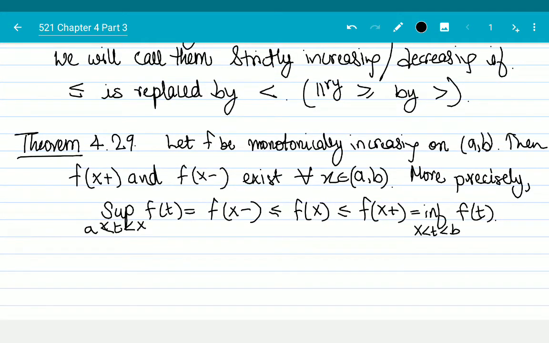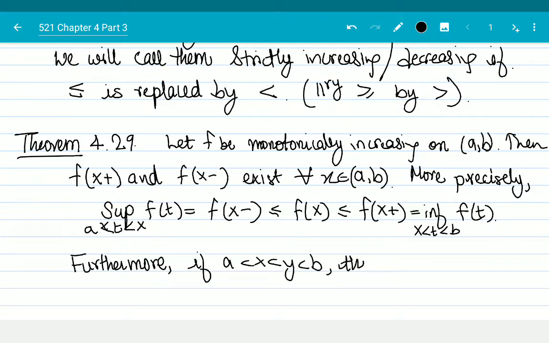Furthermore, if a is smaller than x smaller than y smaller than b, then f of x plus is smaller than or equal to f of y minus.